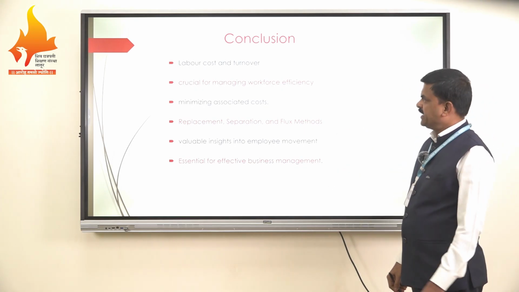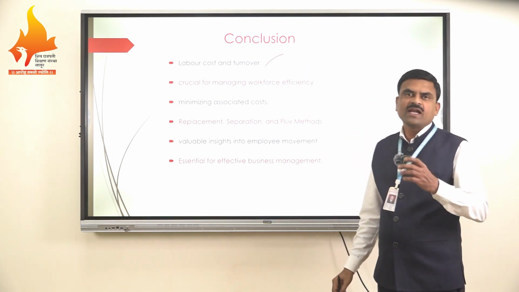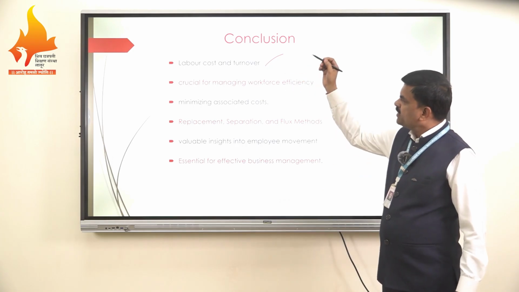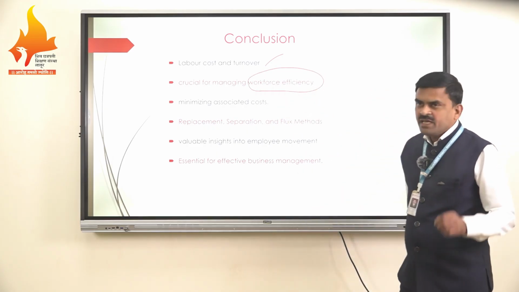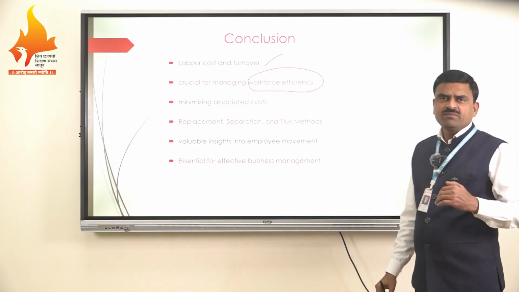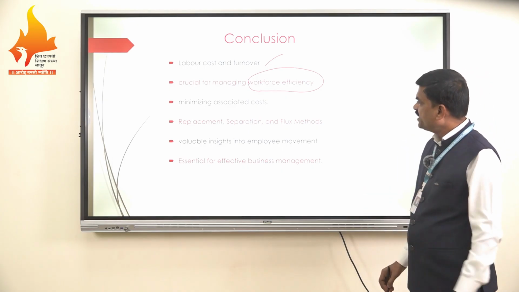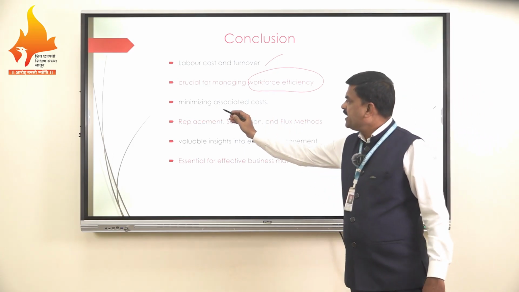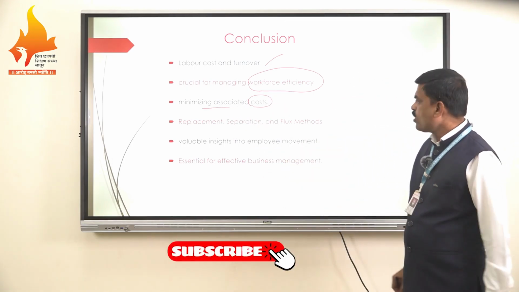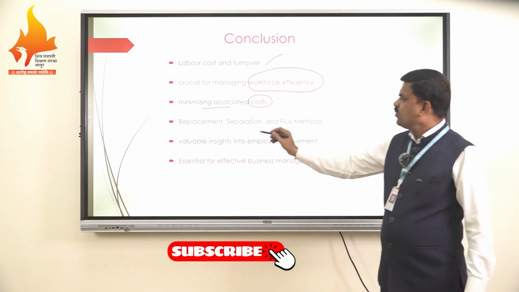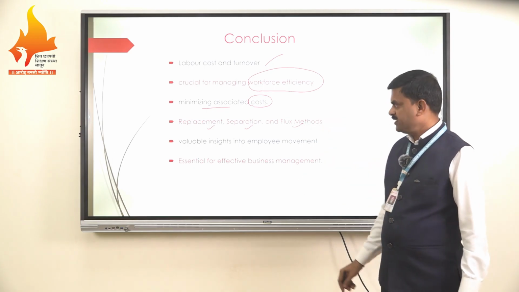So in conclusion we can say that labor cost and turnover are the most important things to know in an organization. It is crucial for managing workforce efficiency because labor cost and turnover contribute to your workers' efficiency and your business efficiency, as well as being related to your business cost and minimizing other associated costs. For labor turnover, we generally use three methods: replacement method, separation method and the flux method.